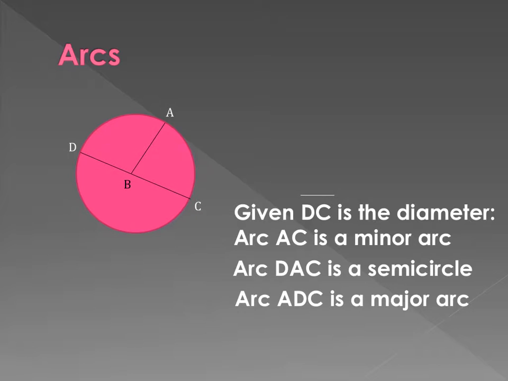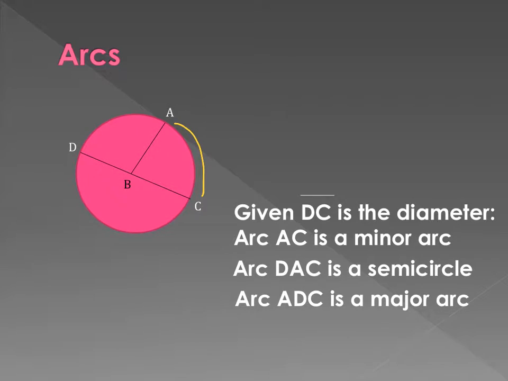Oops, I didn't want to add a page, but okay, so now let's look at this circle. We're going to identify a minor arc, a major arc, and a semicircle arc. Okay, we have a diameter here, and it's labeled as DC. So arc AC is a minor arc. So the arc length is going to be the distance around this outside. That's the arc.